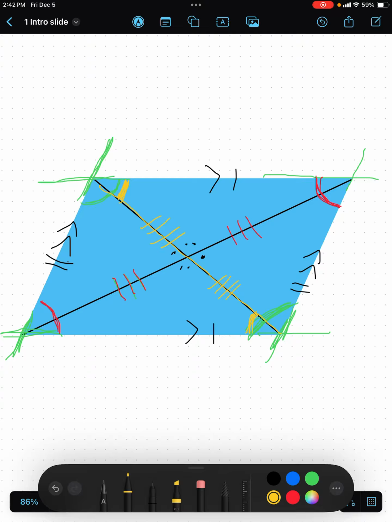And then that's also going to happen on the other side as well. So this half is going to be the same as this one, and then we're going to have a similar thing happening on the other side, alternate interiors there and there. I'm kind of running out of colors here, but you're going to get the idea.